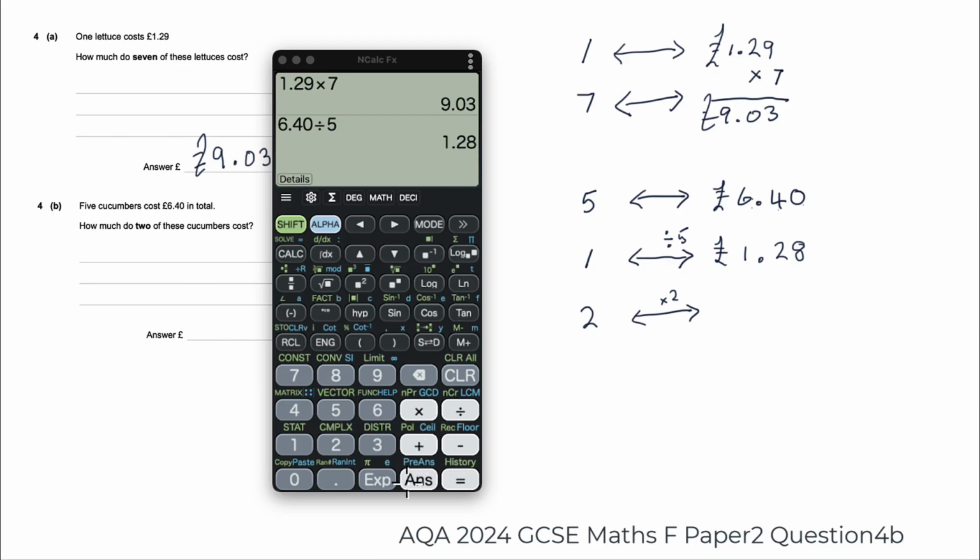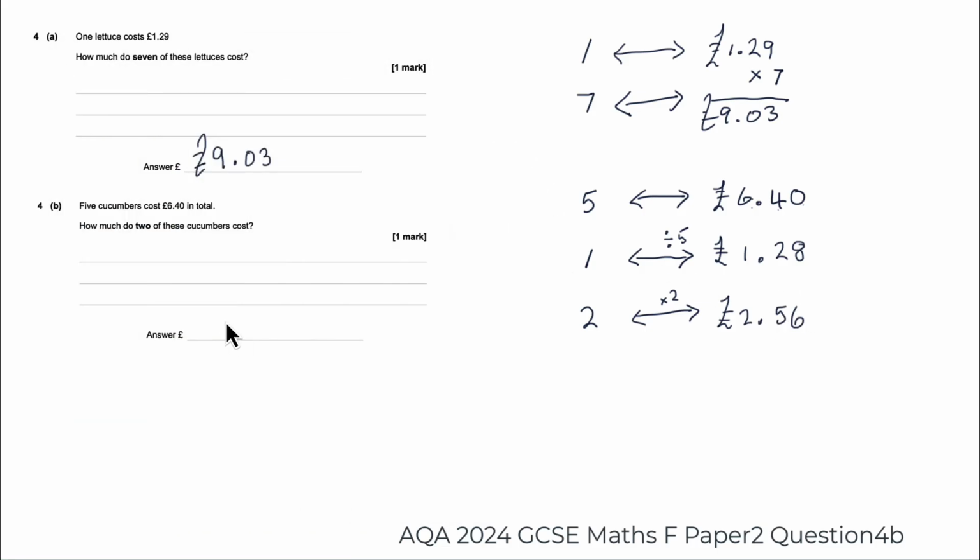Now I press my ANS key here, and that'll bring this number up into being active. There we go. And I'll multiply it by 2. And that equals £2.56.